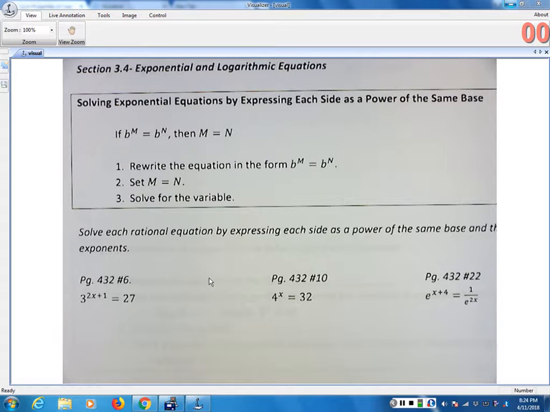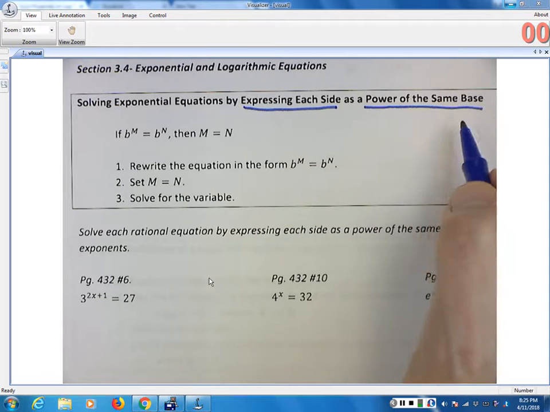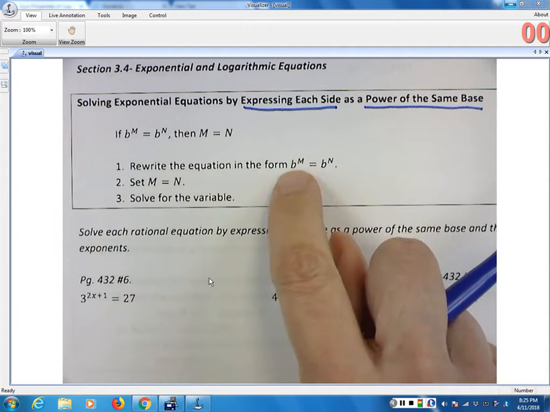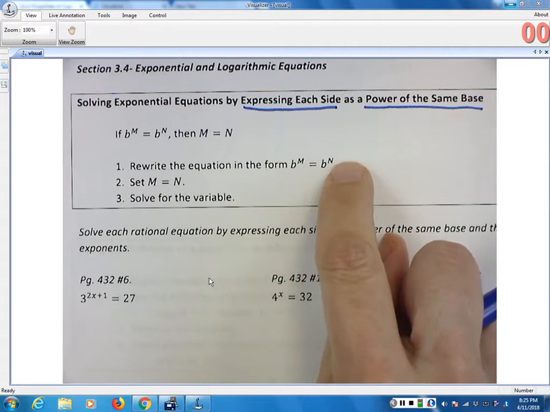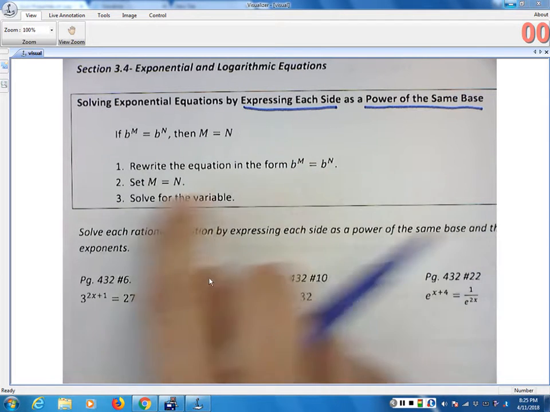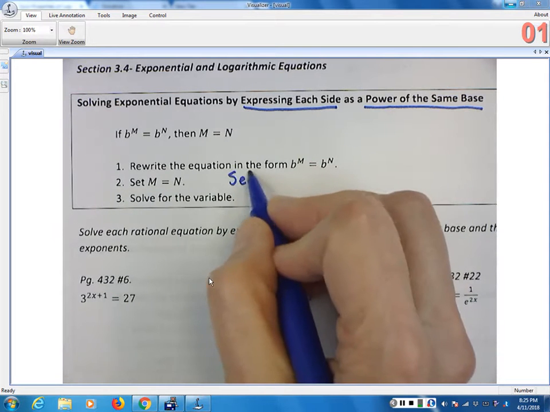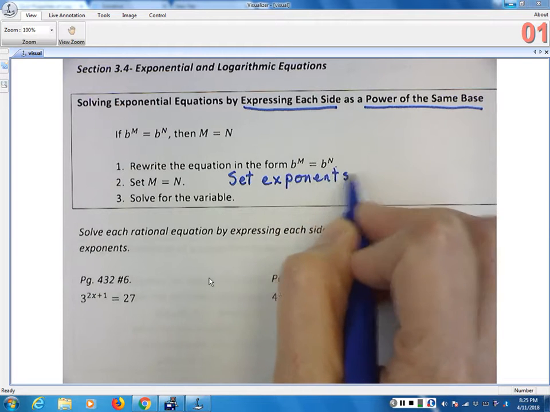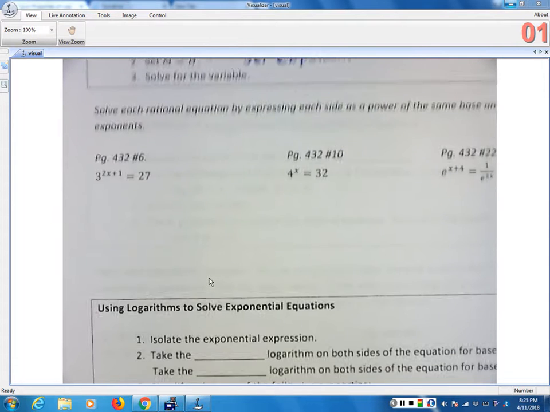If you can express each side as a power of the same base, so you try to rewrite the equation in the form of the same base raised to a power equals the same base raised to a power, then you can set the exponents equal. And then we're going to solve for the variable. So here we're going to do some examples.